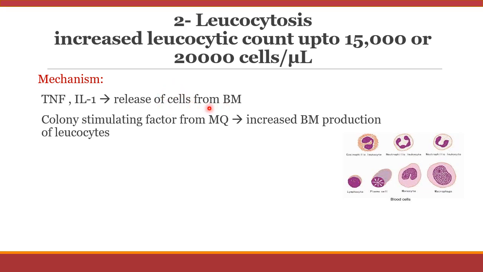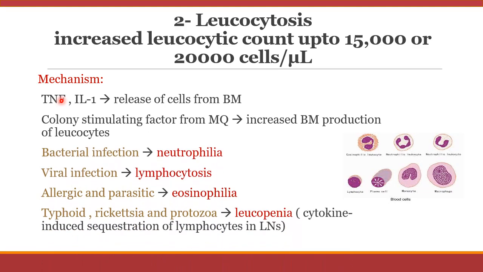At the same time, the colony stimulating factor that is released from the macrophages will also travel through the circulation and reach the bone marrow, and it will increase the bone marrow production of leukocytes. So this is why it's a systemic response, because those mediators are produced at the site of the acute inflammation and they travel through the circulation and exert systemic effects.